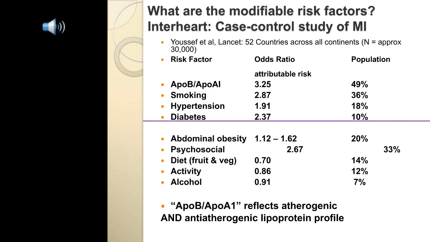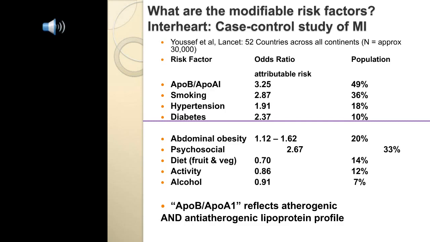You can see that this topped the list in terms of the odds ratio and the population attributable risk, contributing in nearly 50% of cases. This was largely because it was felt that around 80% of the participants had non-ideal lipid profiles, so it was a very major contributor.